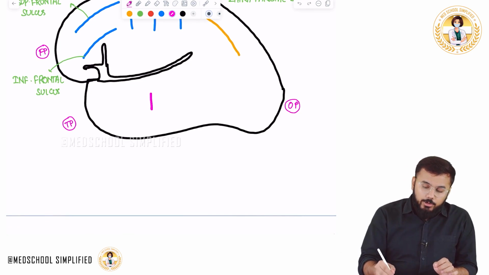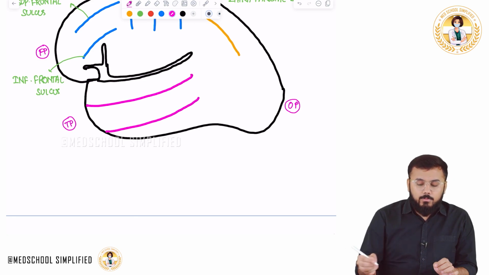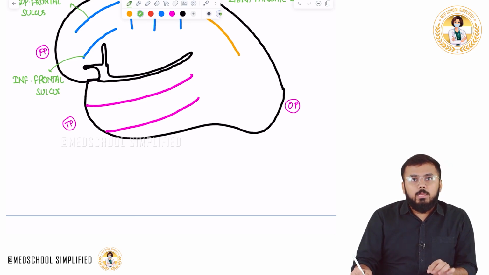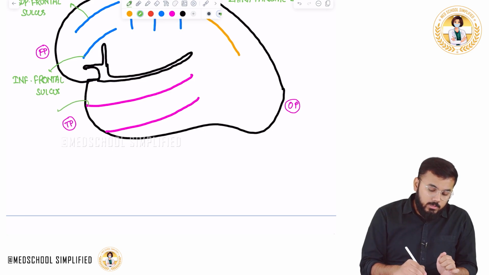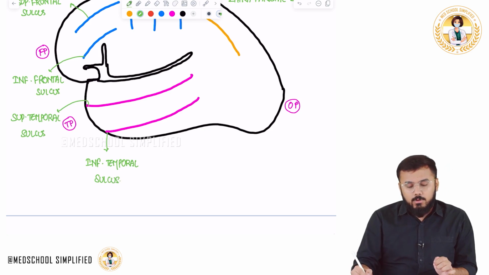Within the temporal lobe, I am going to draw two important lines, one on the top and one on the bottom. The line on the top is called the superior temporal sulcus, and the line over here is called the inferior temporal sulcus.